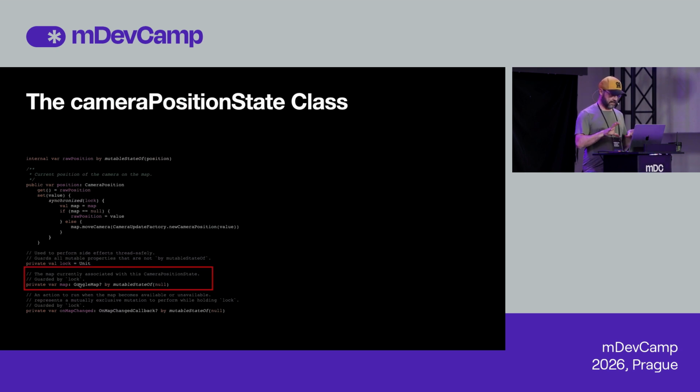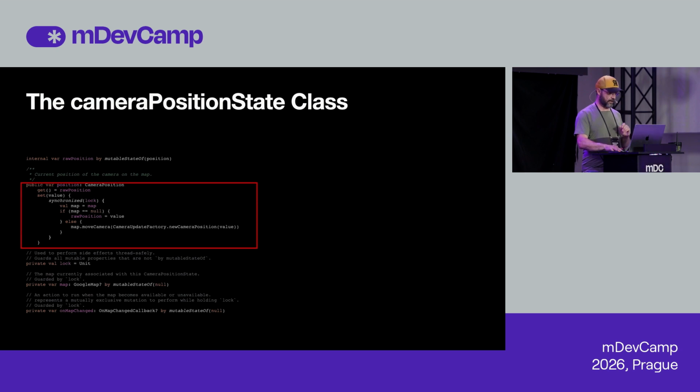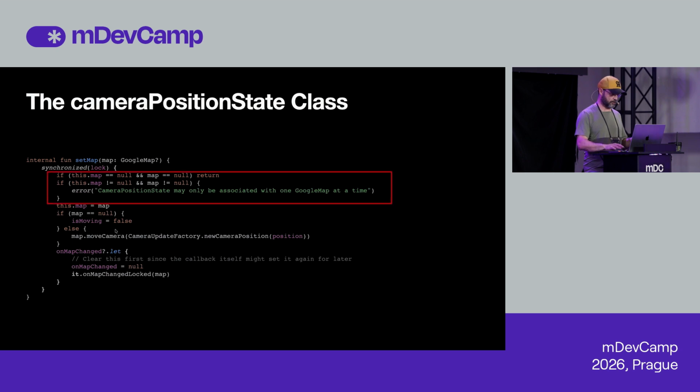Something interesting in this camera position class is that we have access to the current Google Map, the map that is currently associated with the camera position state, and we are locking it here to avoid multiple accesses to the same map, making it safer, so the camera doesn't get moved due to independent calls.